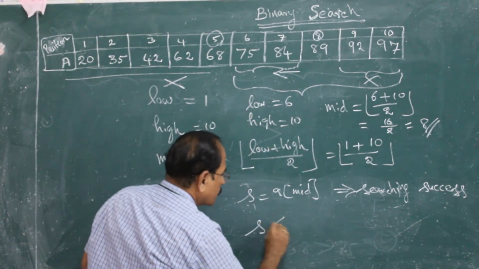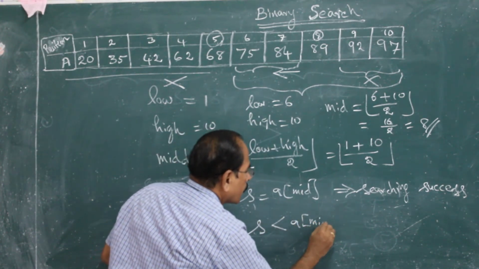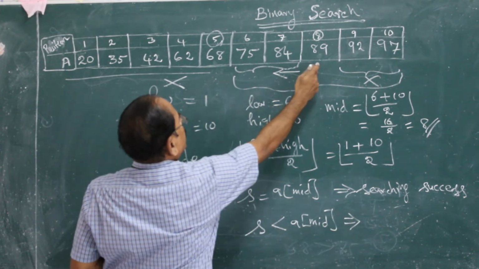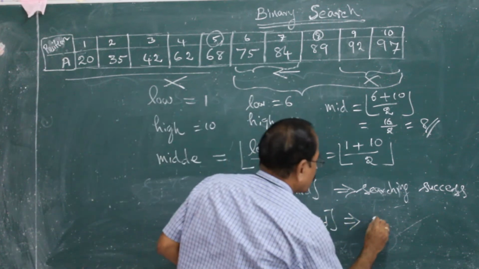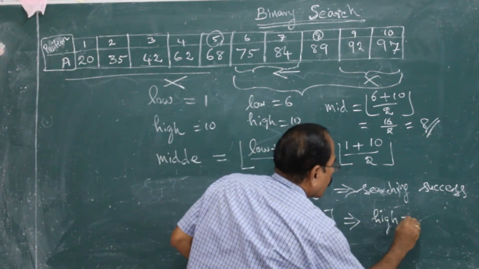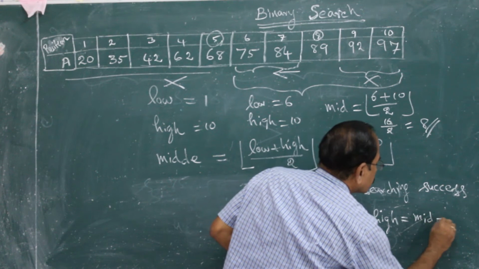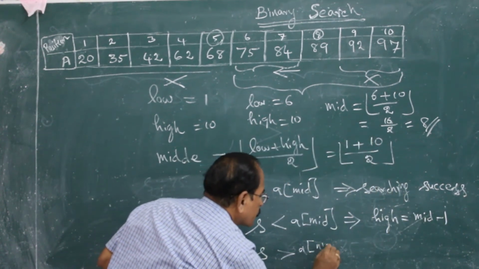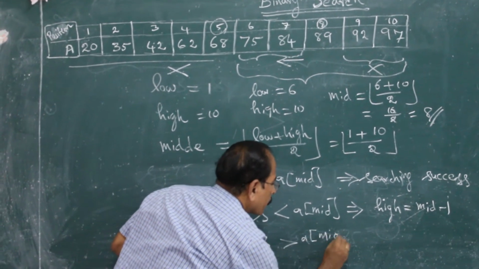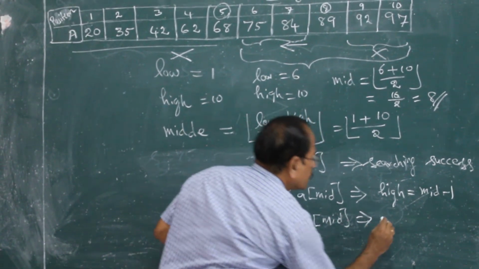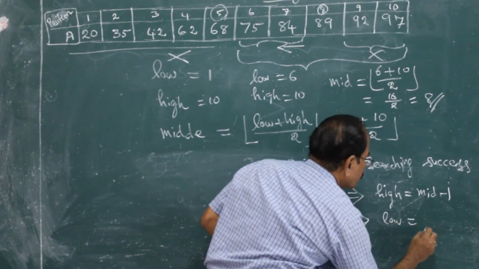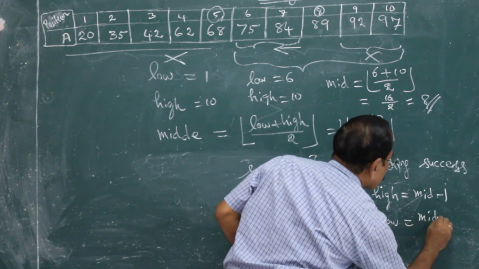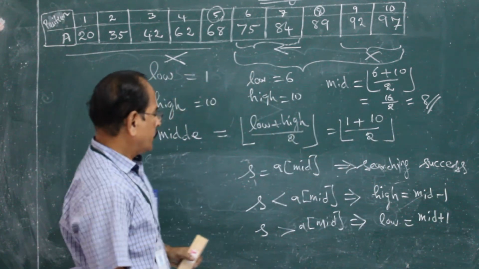Suppose the searching element is less than A of mid, then we change the high position: high equal to mid minus 1. Suppose S is greater than A of mid, then low equal to mid plus 1.